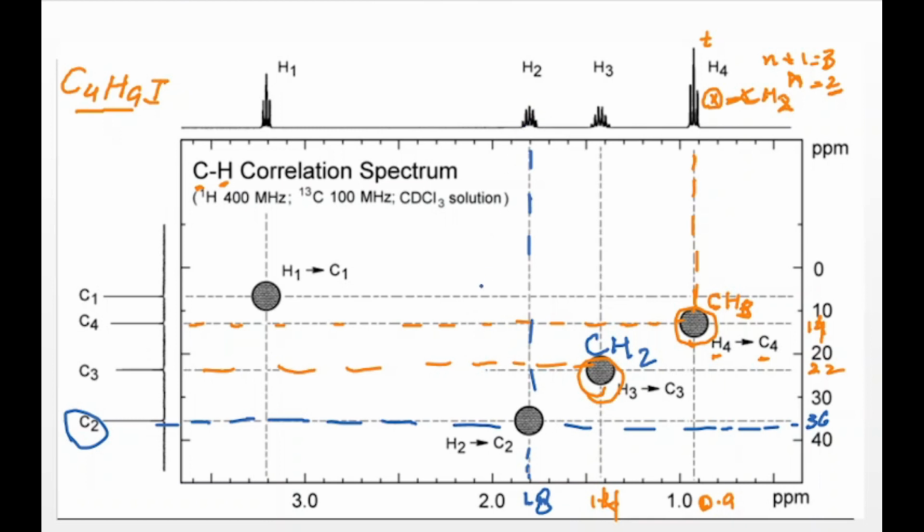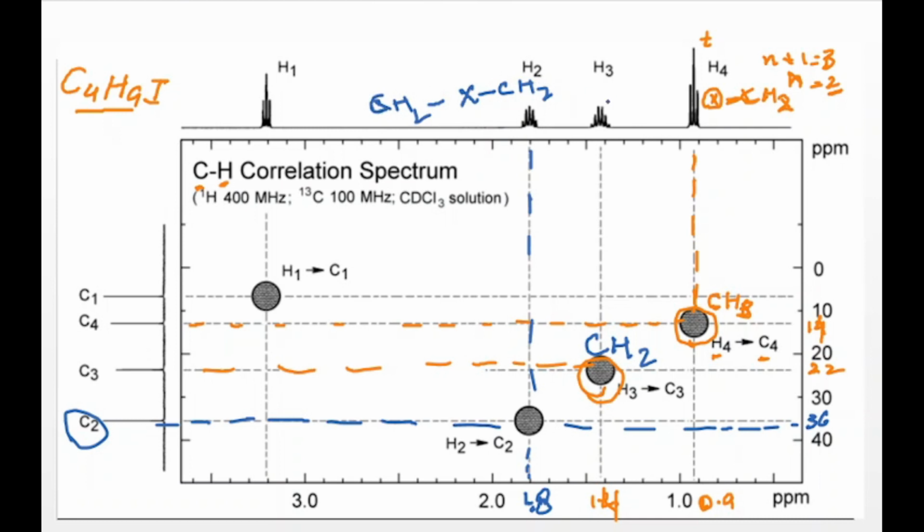So it is coming in the range of 1.8 ppm. So it may be highly possible that it is a pentet. So here is the CH2 group, and here is also the CH2 group.